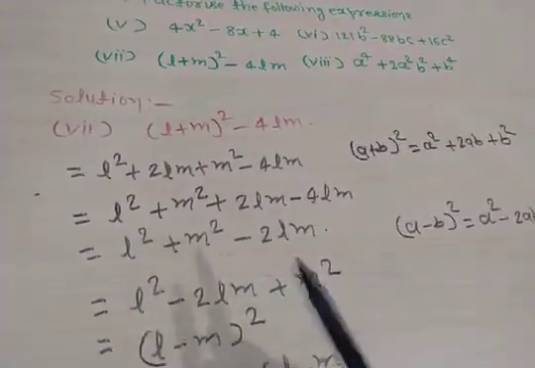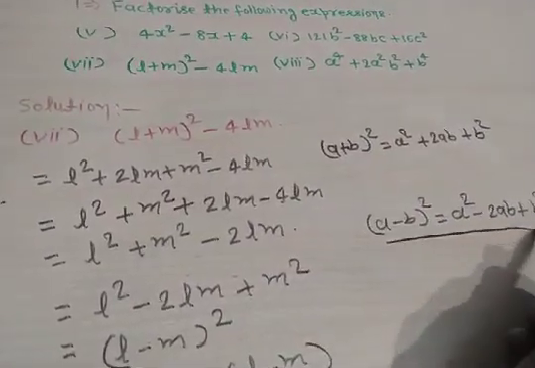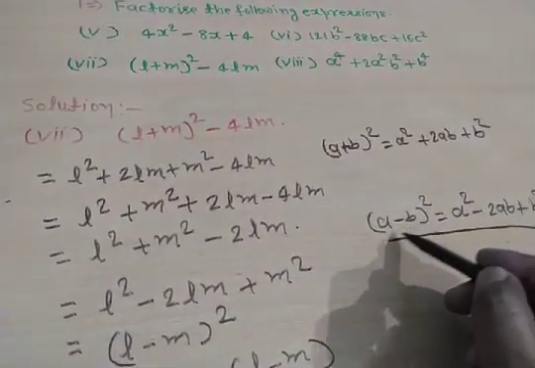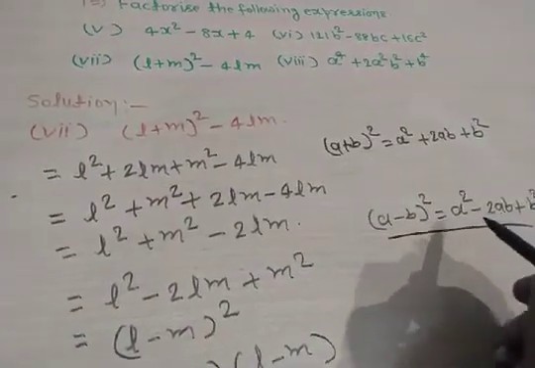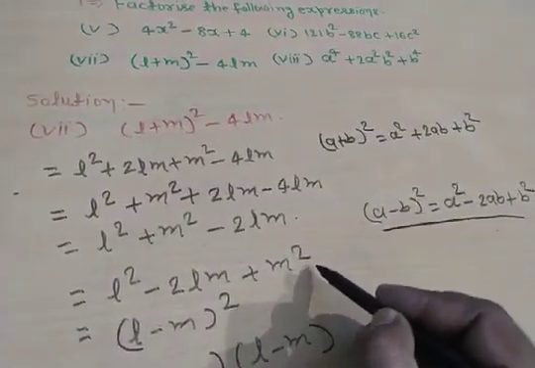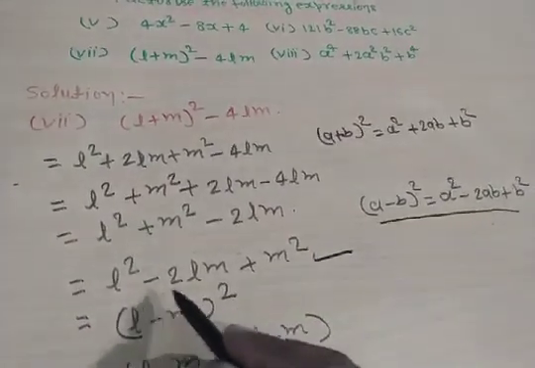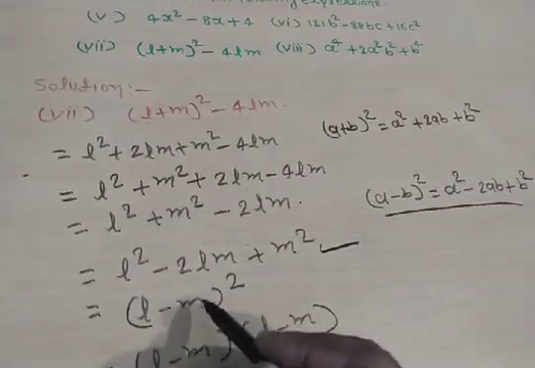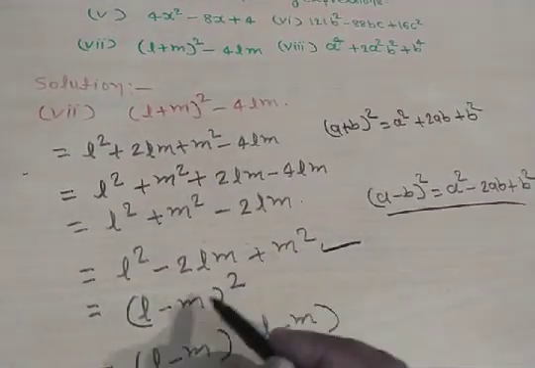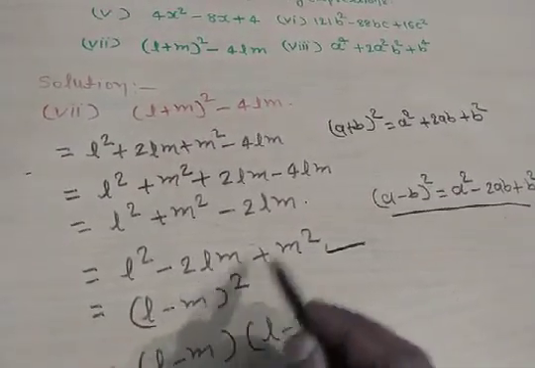Clear? Now use this identity: the whole square of A minus B is equal to A square minus 2AB plus B square. So you can see and compare this, and we find that this is the whole square of L minus M. This term is the whole square of L minus M: L square minus 2LM plus M square.